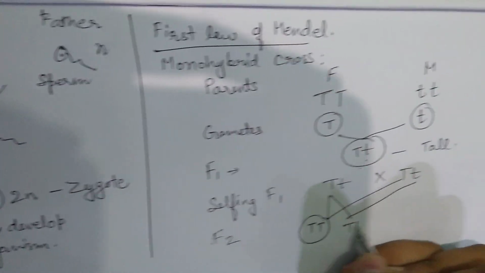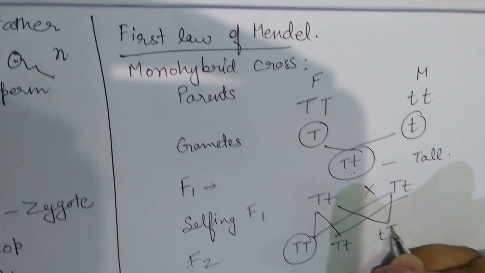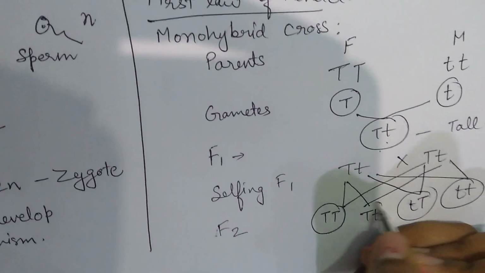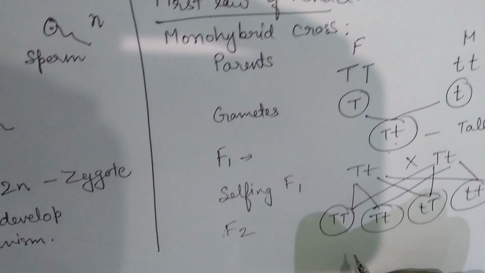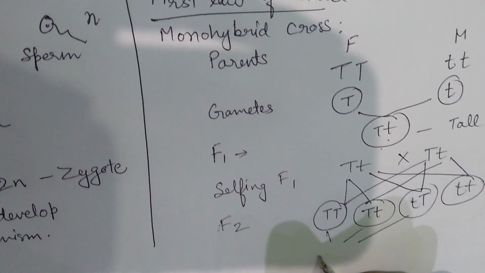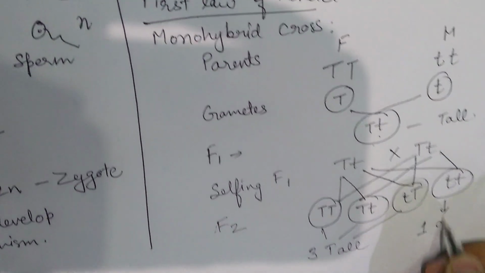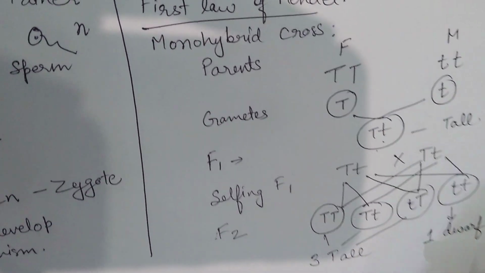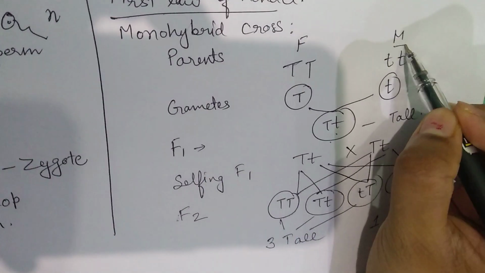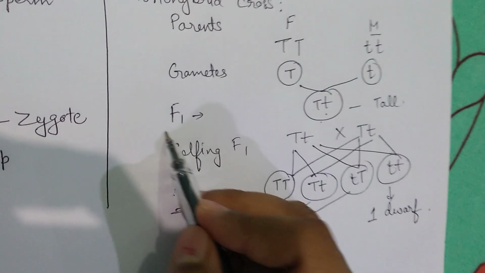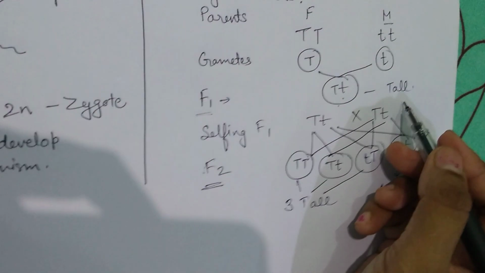As you can see, it will result in 3 tall individuals and 1 dwarf individual. So the trait which was coming from the male parent is shown in the F2 generation, but it was masked in the F1 generation.